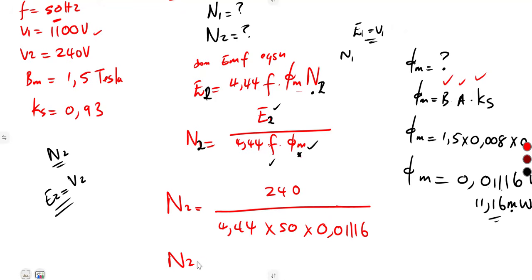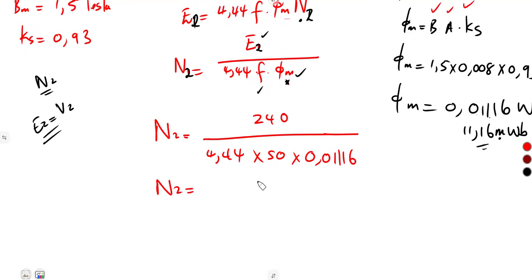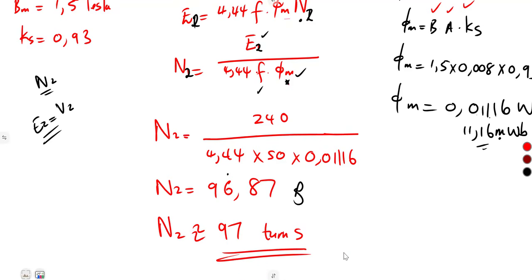We're going to find our N2 from that, the number of turns on the secondary side, which is 96.87 turns, and we have to round up to the next whole number. So the next whole number is 97. So that's 97 turns. We have our N2.